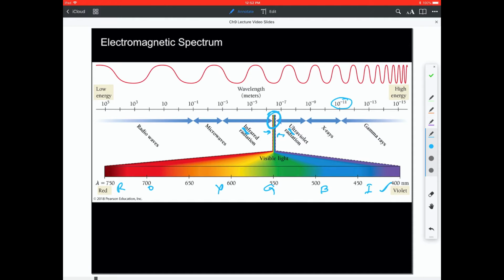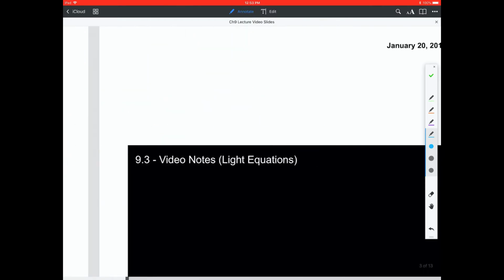Which makes sense, because if we could see the waves that are constantly bombarding everywhere around us, that'd be weird. If you stop to think about what all is encompassed in here, it's literally everywhere all the time. So anyway, electromagnetic spectrum, things we should know.